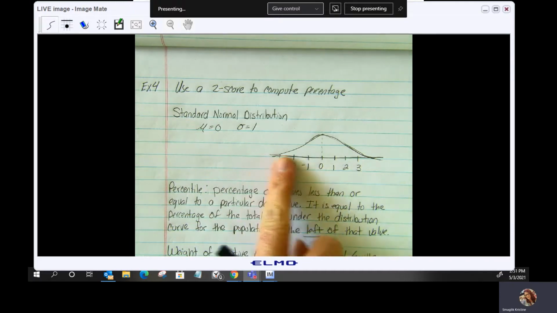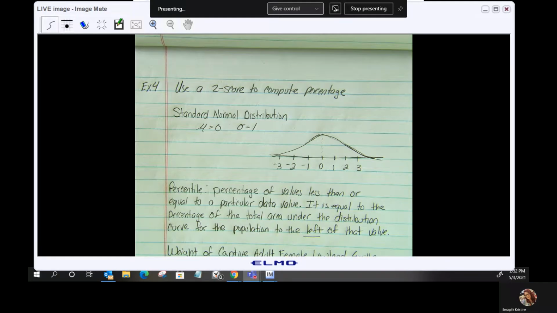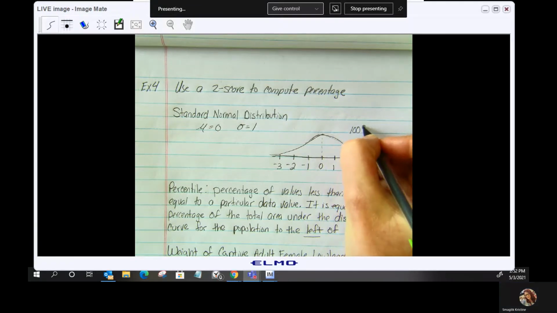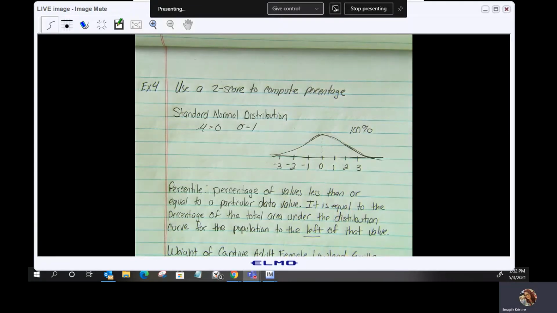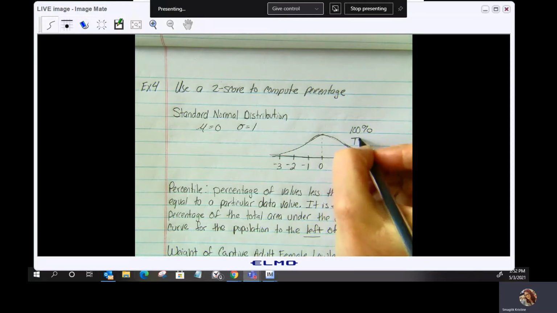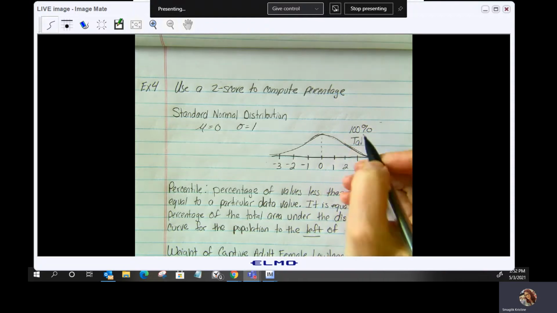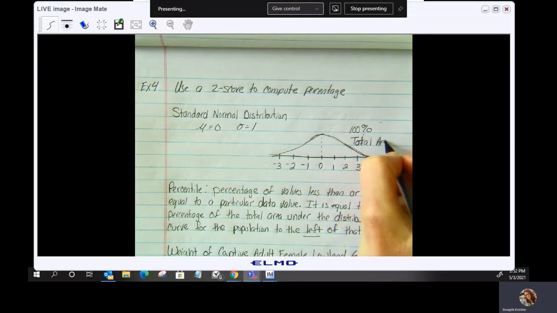So here is a standard normal distribution. And if you think about it, everything that's in here is 100% of your data. This also means if we look at it as area, total area is 1.